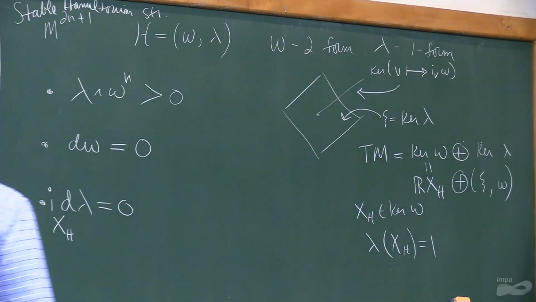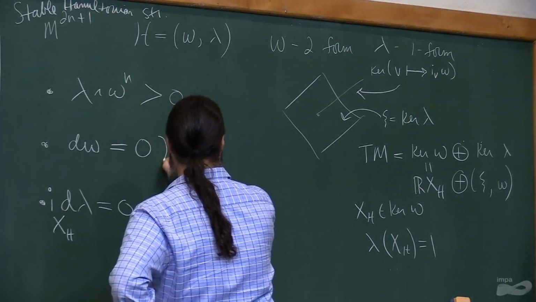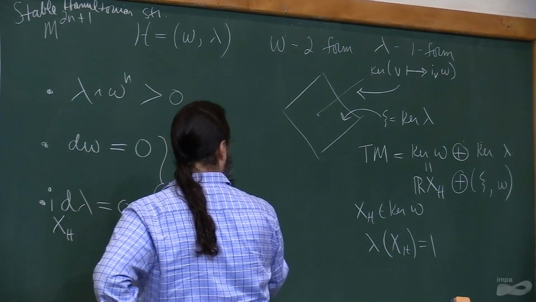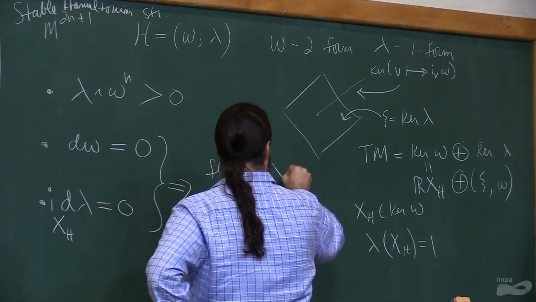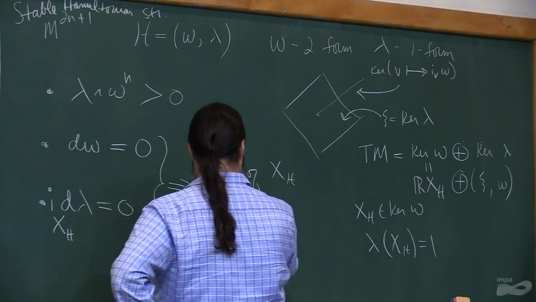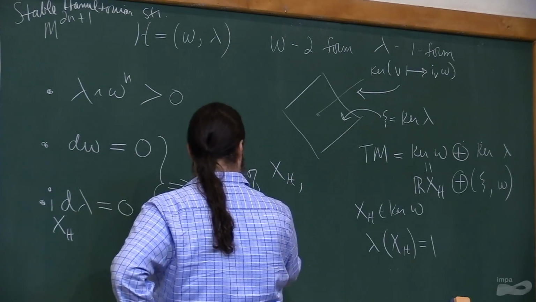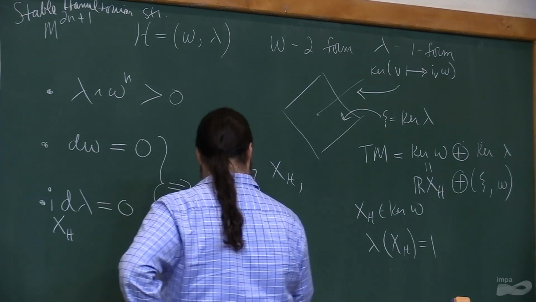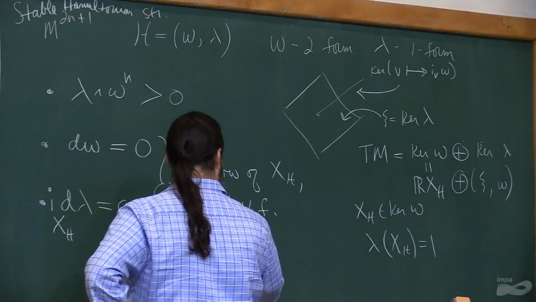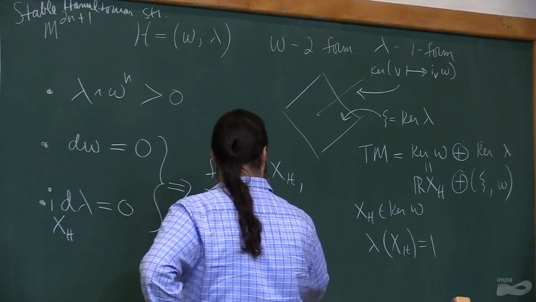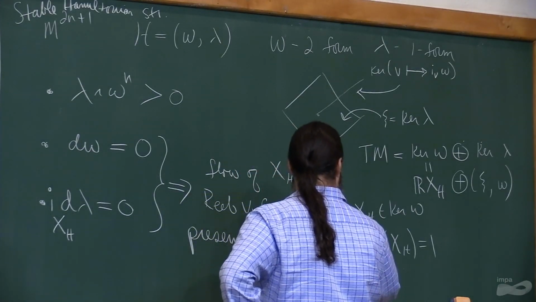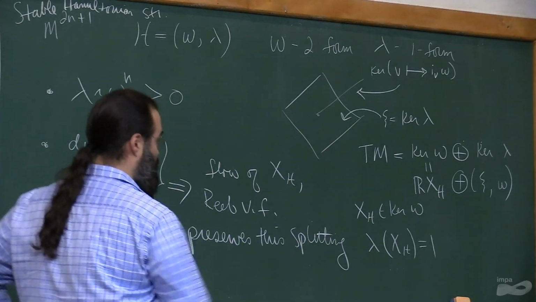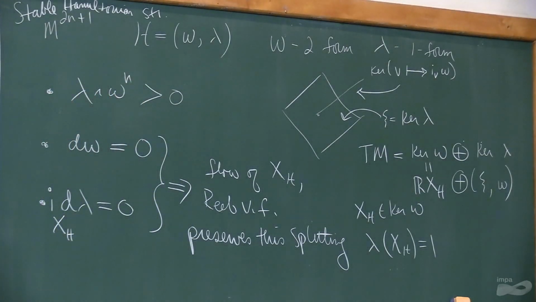And so these two conditions together imply that the flow of X, which I will call the Reeb vector field, preserves this splitting, with the additional data of this symplectic structure on the hyperplane.